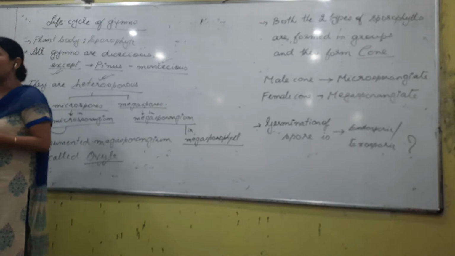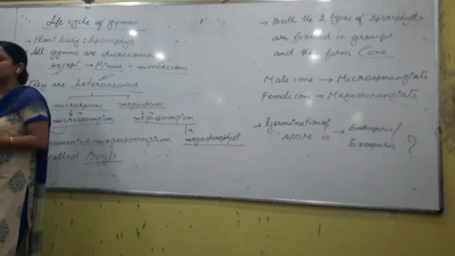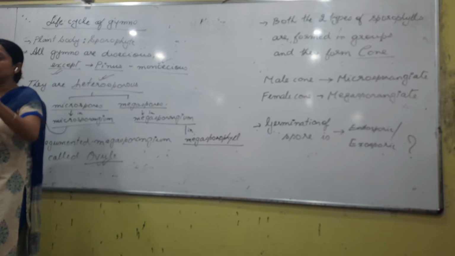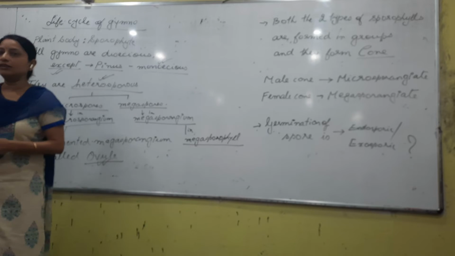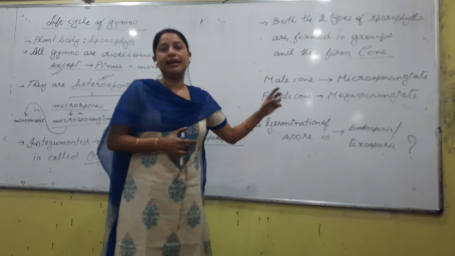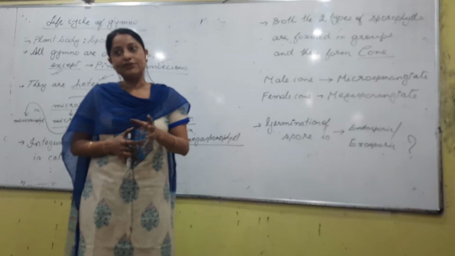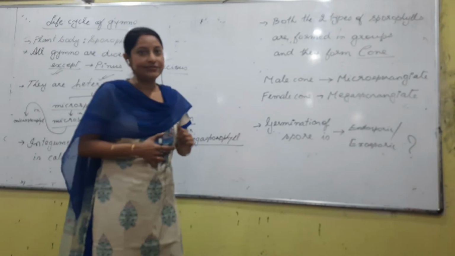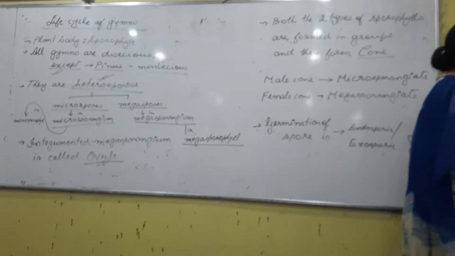For seed to form, what type of germination should we have in case of spores, endosporic or exosporic, in the plant body or away from the plant body? In the plant body. Last class we talked about it: the seed habit started developing in the group called pteridophytes, and we talked about archegonium and antheridium, right? So germination of spore is endosporic.